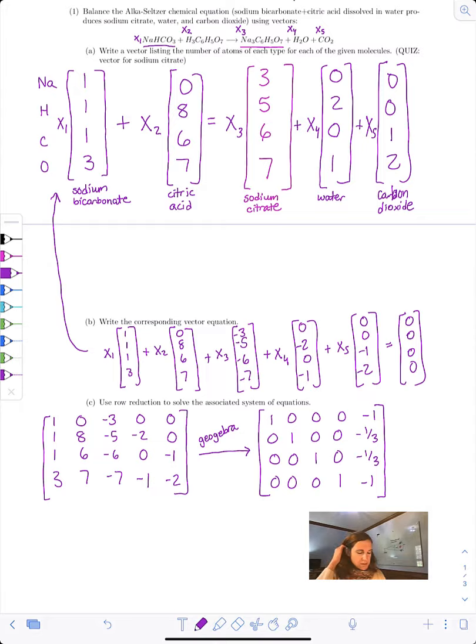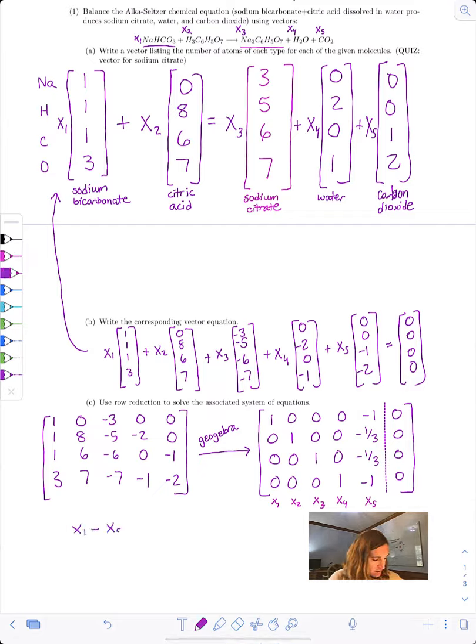And so this might look confusing to you, especially the negative signs, but let's remember that this is an augmented matrix with zeros on the right. And each of these columns corresponds to one of these variables, even the column that has the negatives in it. So that very first row, for instance, corresponds to the equation x1 minus x5 equals 0.